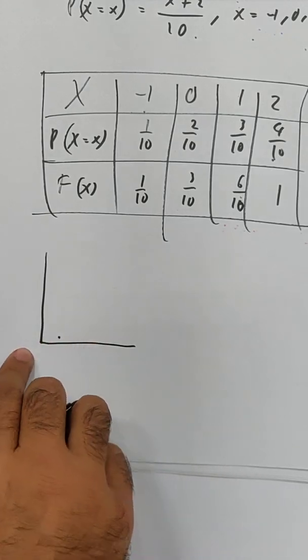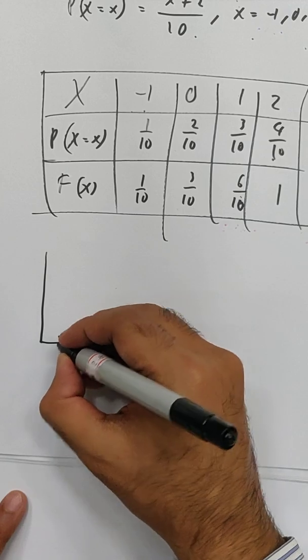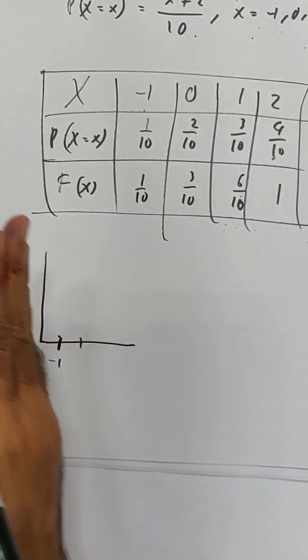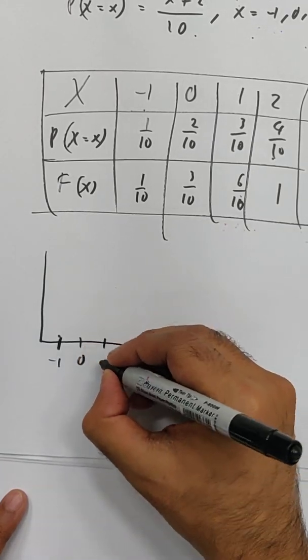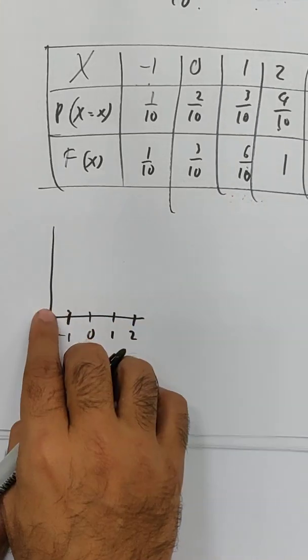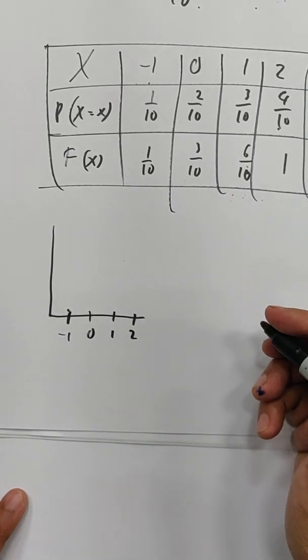You can do it at the back, but that's a weird graph. With the graph, you can manipulate where you want to put your axis. I prefer this way. Someone likes to put negative 1 over here, someone over there. This one is easier to see with the eyes.